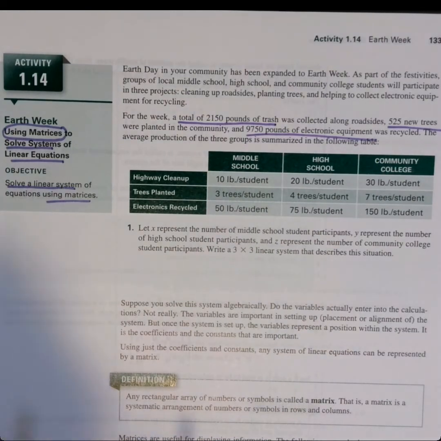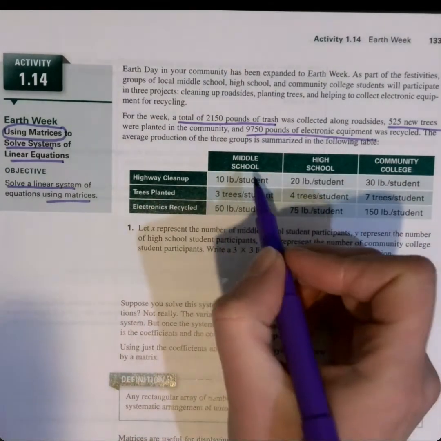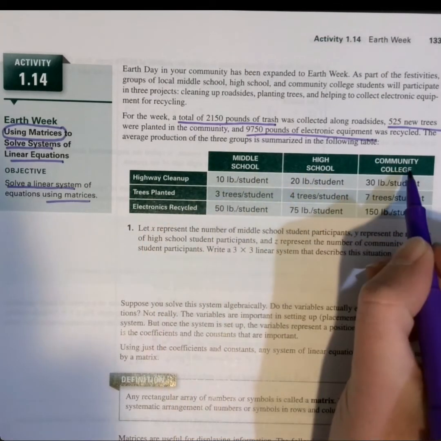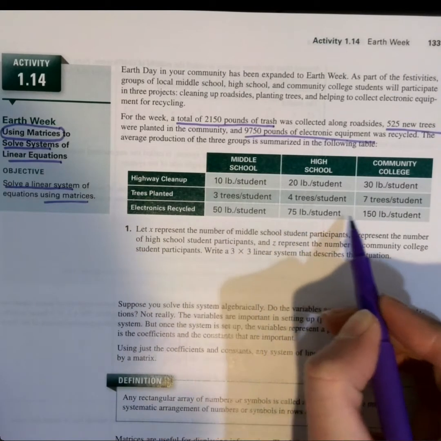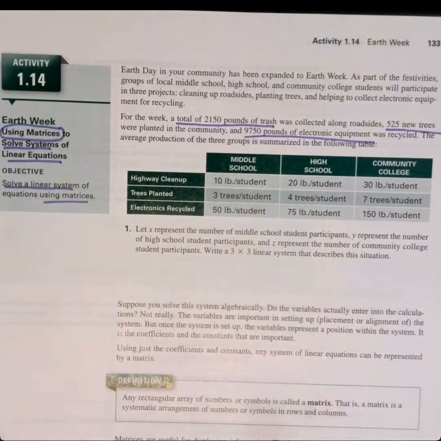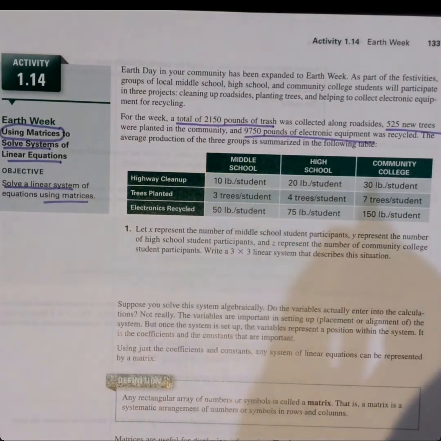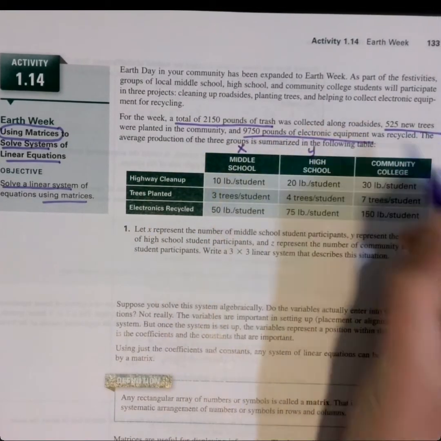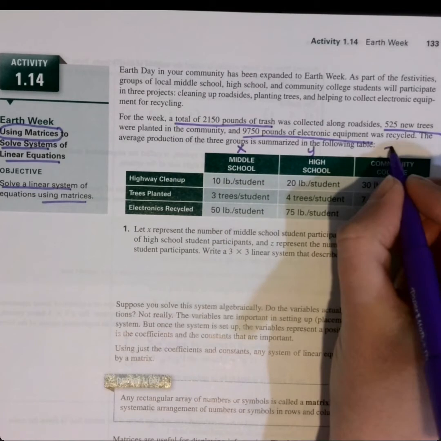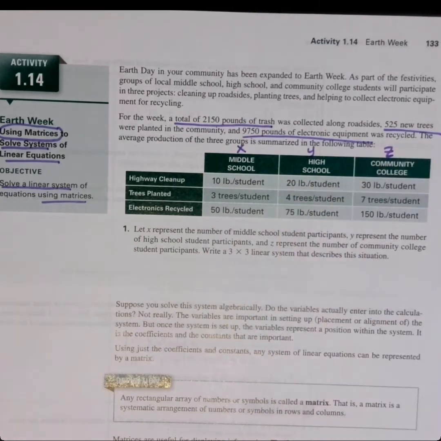We had 3 different groups working: our middle schoolers, our high schoolers, and our college students. As you can see, each group got a little bit more efficient at each of the cleanup types as they got older. So we're going to let X be the number of middle schoolers, Y be the number of high schoolers, and Z be the number of college students.